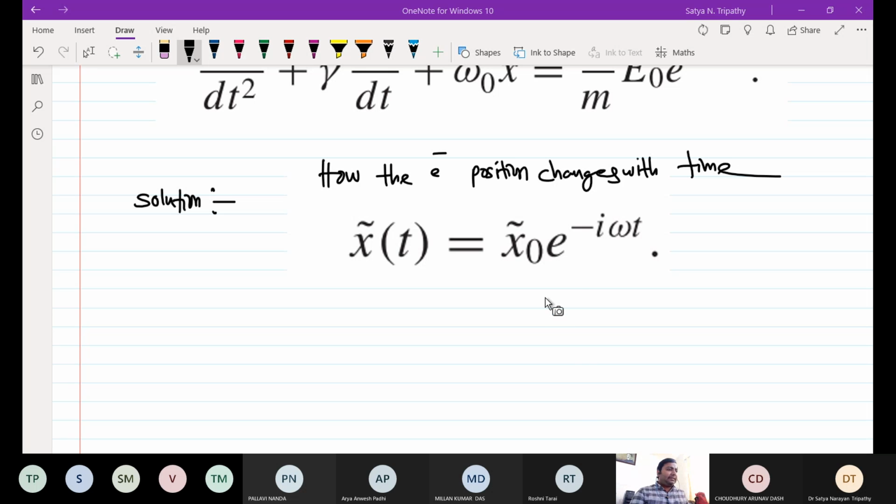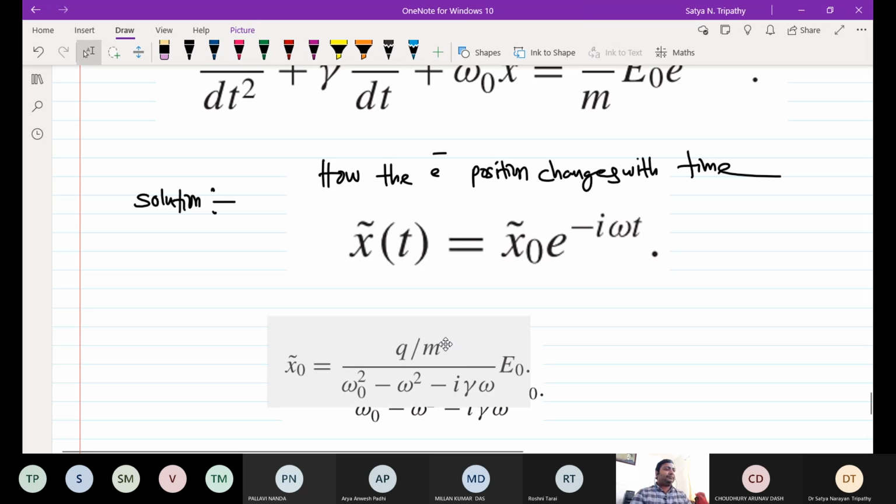Okay. Next thing is, if we put this solution inside the differential equation, this will give me this form.